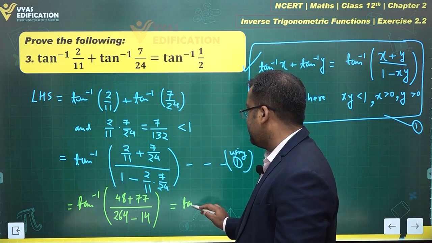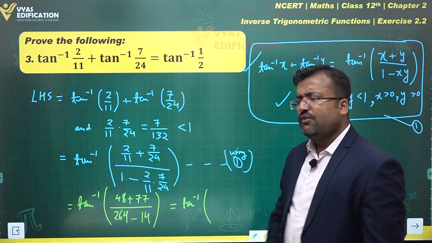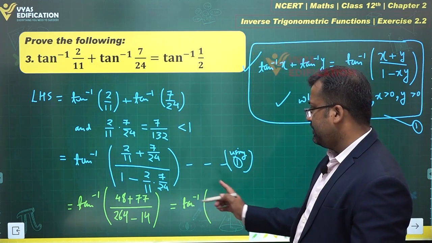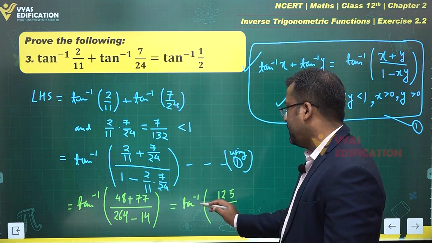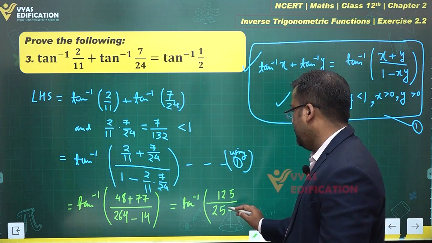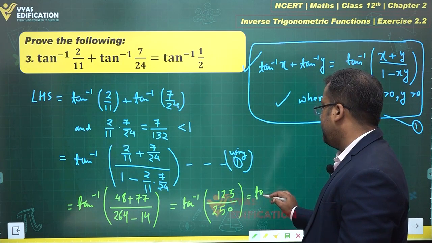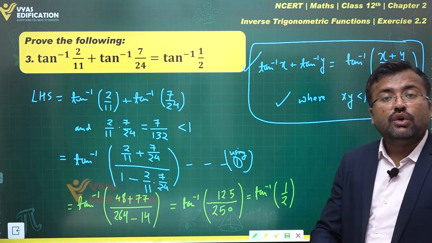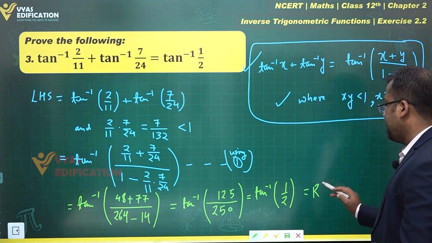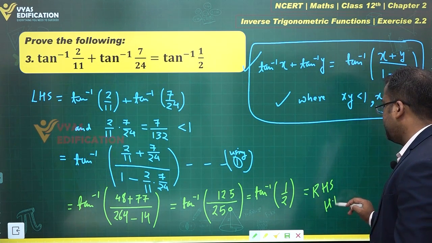Let us simplify this further. This will become tan inverse of 48 plus 77, which is 125, over 250. Numbers are pretty big, but yes, they will get cancelled. This is tan inverse 1 by 2, and this is the RHS, hence proved.